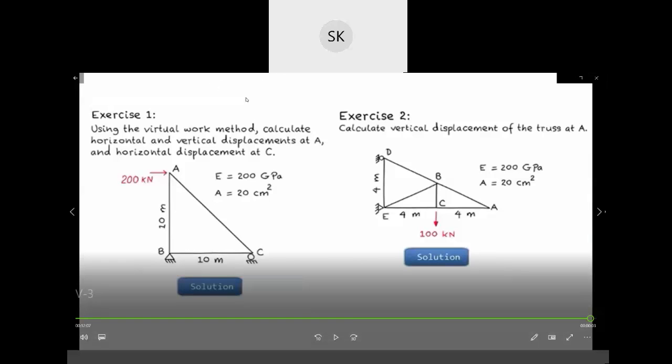All of you can write your roll number in the text chat box. In the next class, we'll discuss the virtual work method for the beam. Am I audible?